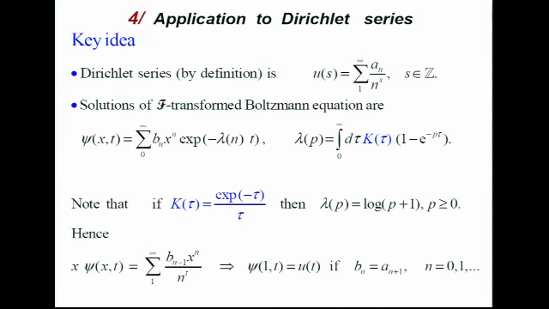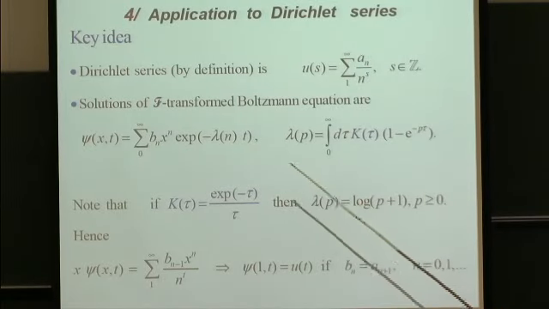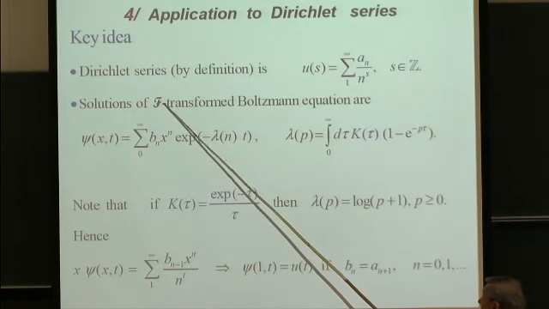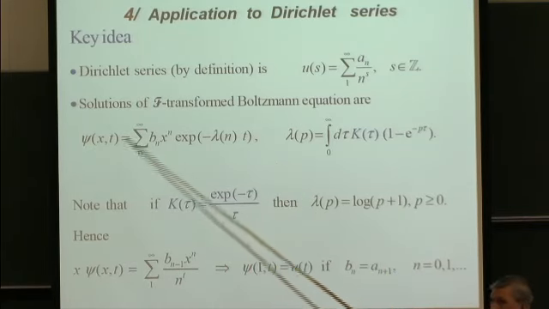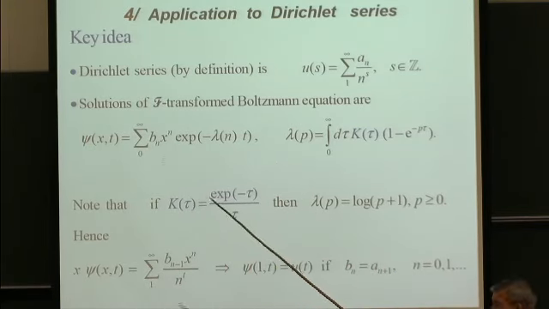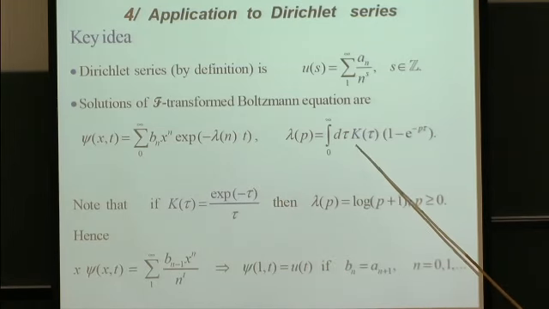So I remind you again that Dirichlet series are series of the type where you have arbitrary coefficients times n to minus s. On the other hand, I can construct solutions of my Fourier transform Boltzmann equation in this form, where lambda depends on an arbitrary function.